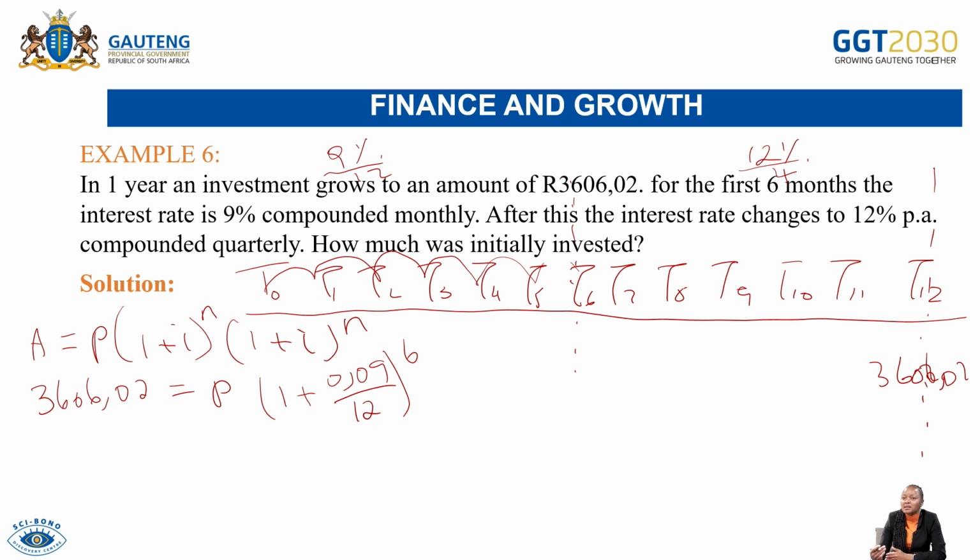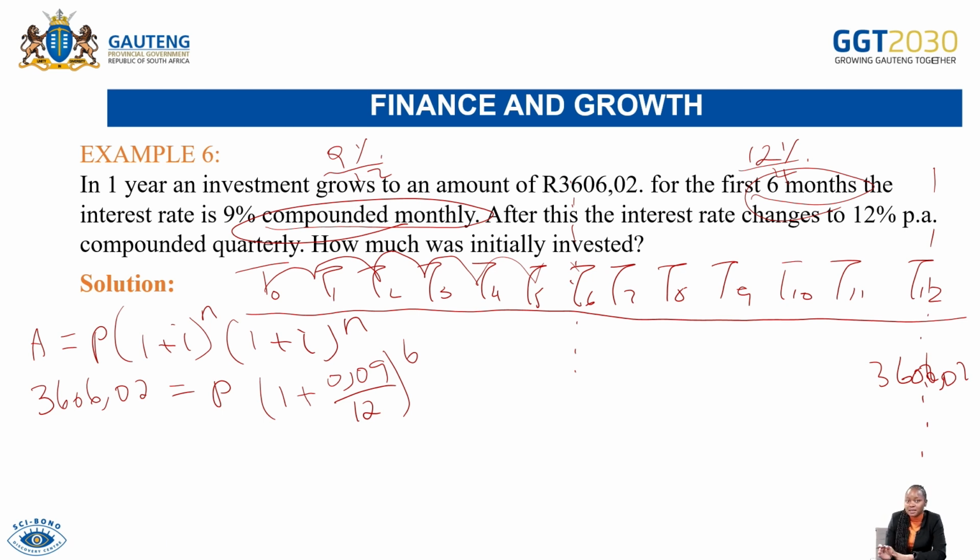Why am I not multiplying 6 by 12? Because it is already in months. They said it's compounded monthly, and we are given the 6 months, not years. When we multiply by 12, it's when we are converting years to months. But now it is already 6 months, so we just put the 6 as it is.